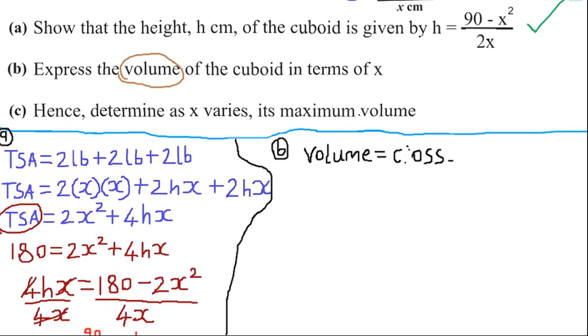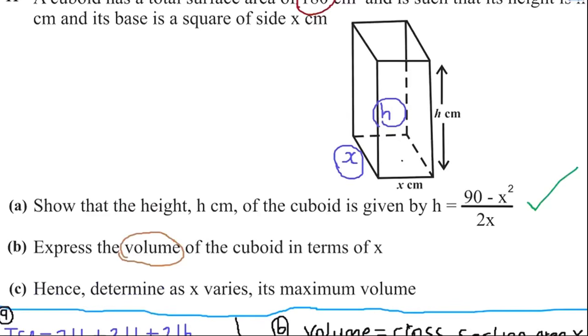As long as it is a prism, it can be a cylinder, a cuboid, a cube, or whatever, we use the formula cross section area times length.